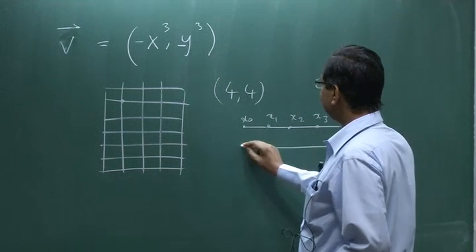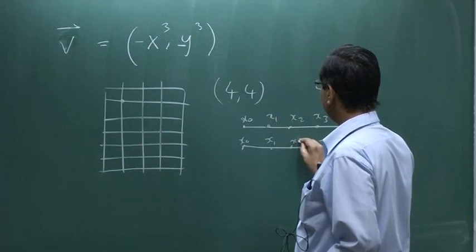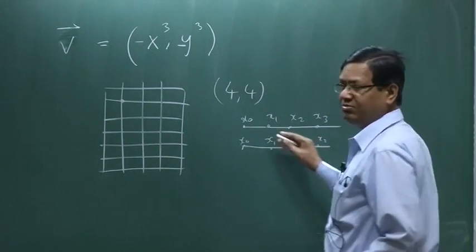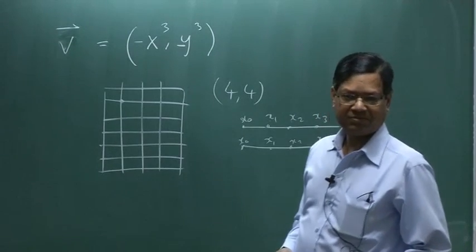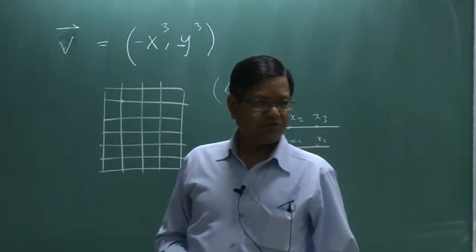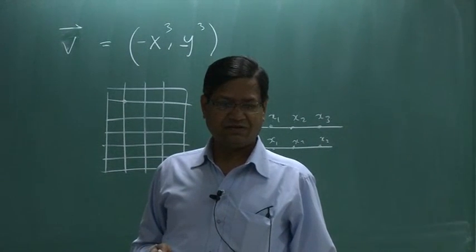The next row will be exactly the same: x0, x1, x2, x3. So it will be a 2D mesh, but now quite a few numbers will be common. So it is the x coordinate of each point on the mesh. Is that clear?